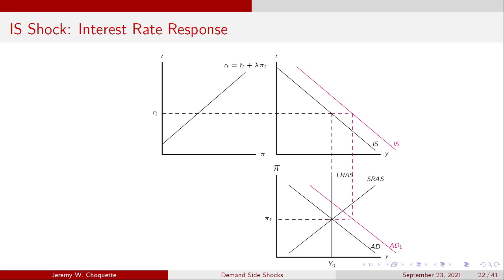So the IS curve shifts out some horizontal amount. Now we trace out how far it shifts out horizontally, because aggregate demand shifts out by the exact same horizontal amount. This horizontal distance here is going to be the same.